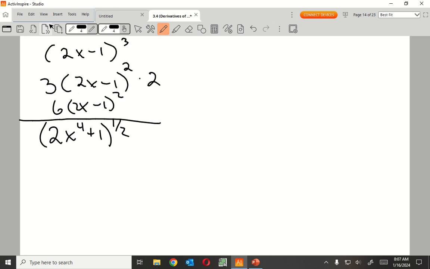So in this chain right here, I'm going to have out front 1/2 (2x to the fourth plus 1). What's going to be my power here? Negative 1 over 2. Negative 1/2. Very good. Times derivative of the inside. 8x to the third. Very good.